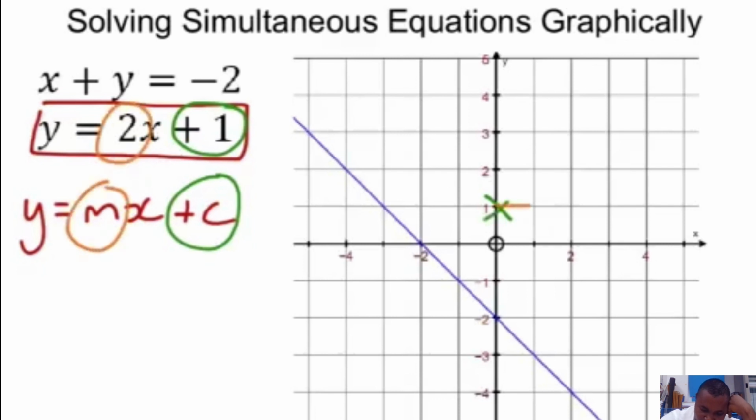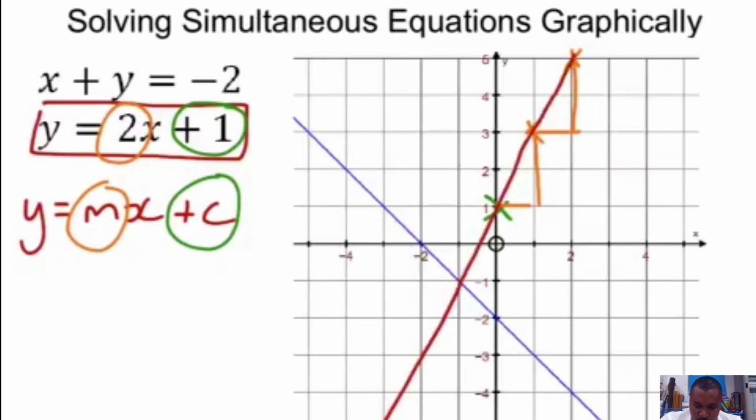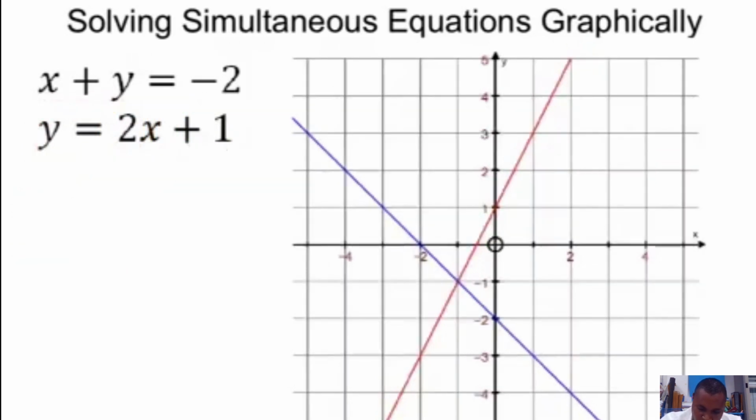So that means for every 1 to the right, it goes 2 up. So it's going to go through these points here. And then when we join those points up, we're going to get that line through there. Once again, we get a straight line version of this, all neatly done.